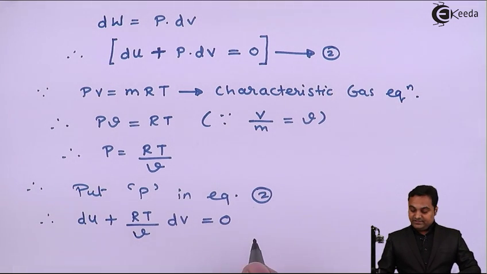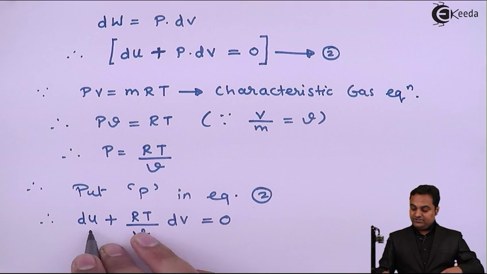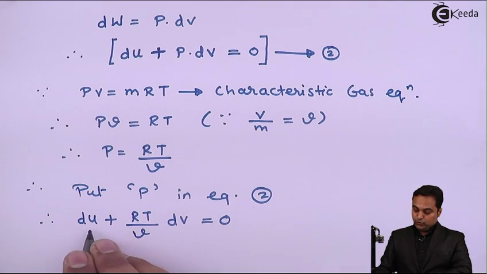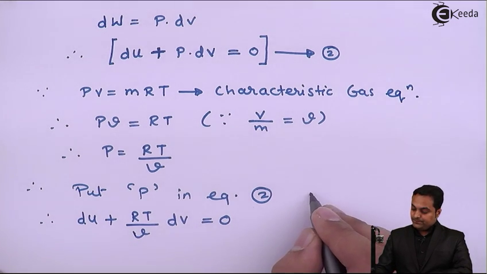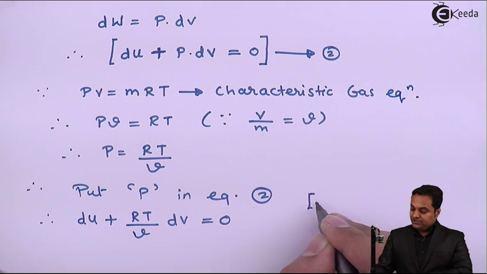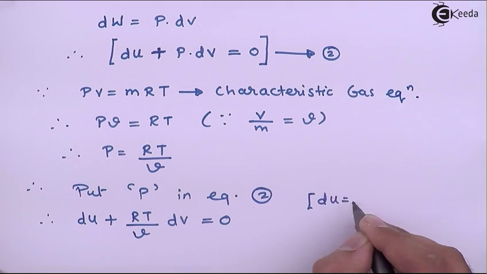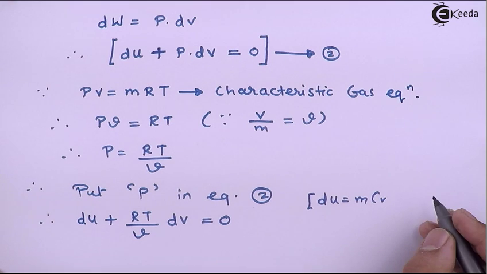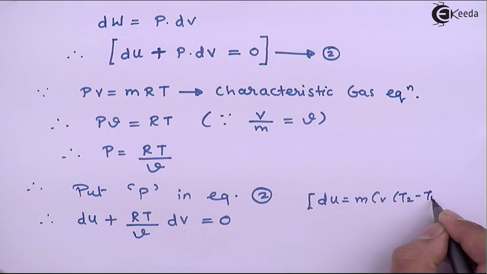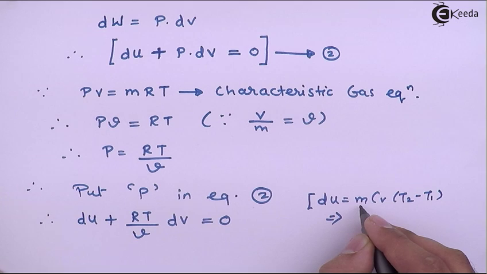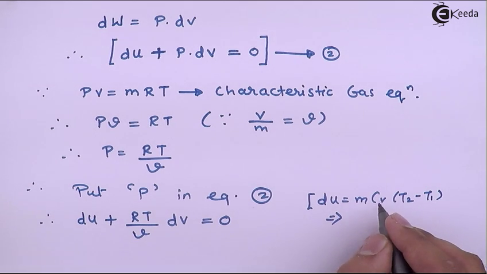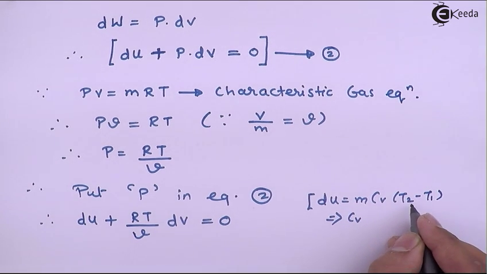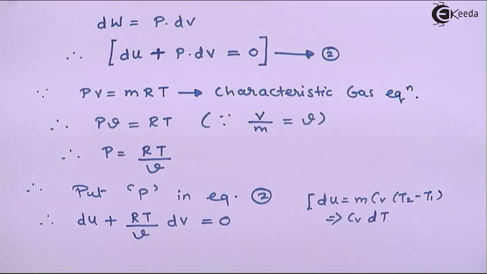Next, after reaching this stage, I can say that the change in internal energy dU is given by m Cv (T2 minus T1). So if I assume mass as 1 kg, it will be Cv, and the temperature change T2 minus T1 can be written as dT.